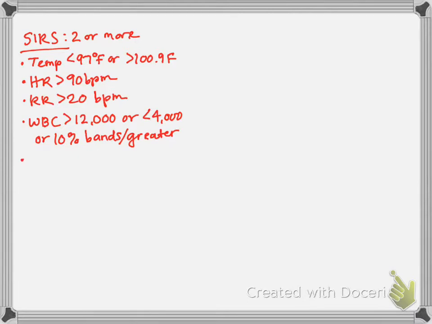Remember we talked about poor perfusion to the brain. Another criteria for SIRS is altered level of consciousness or a mean arterial pressure less than 65. So 2 or more of these could indicate that your patient is in systemic inflammatory response syndrome. You can have SIRS without sepsis, but you can't have sepsis without SIRS.